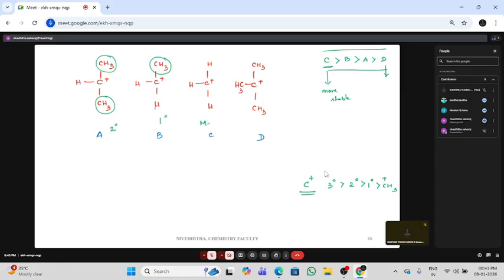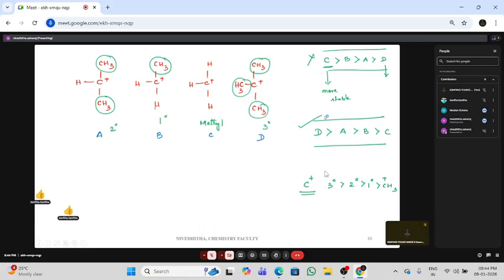This is methyl. And this is tertiary. Now we have to know the stability order. Which is most stable? D, because that is tertiary. Next, A. Next, B. Next is C. This is the proper stability order.